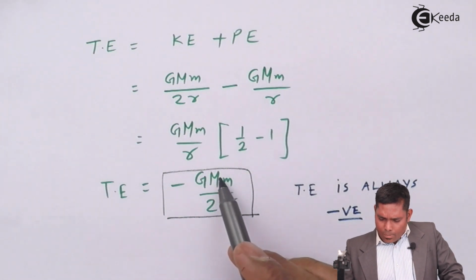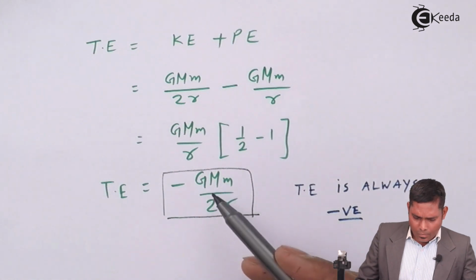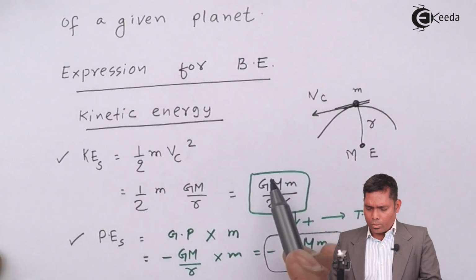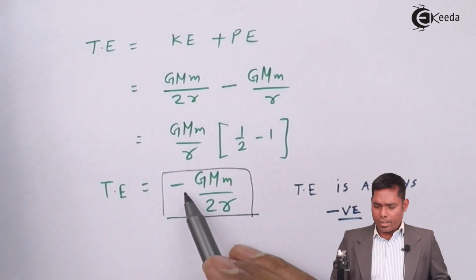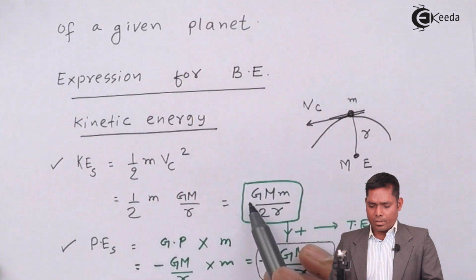Interestingly, the total energy expression and the kinetic energy expression are the same in magnitude. Only the sign differs: minus for total energy and plus for kinetic energy.